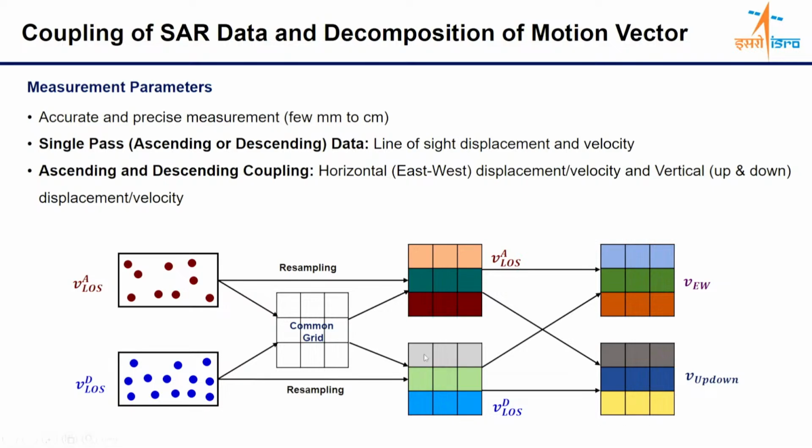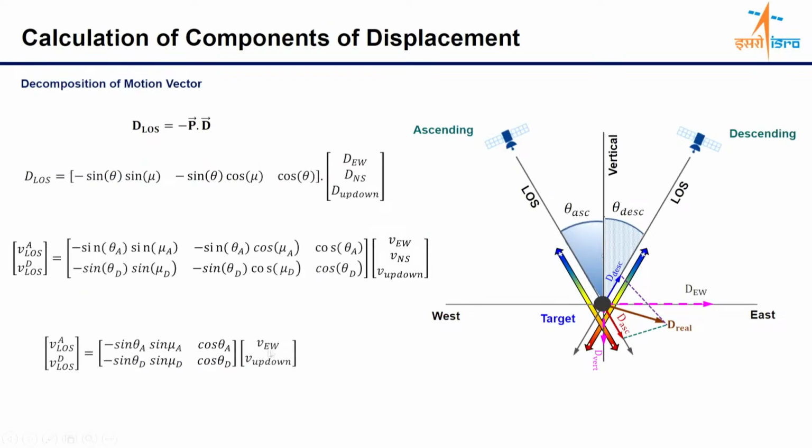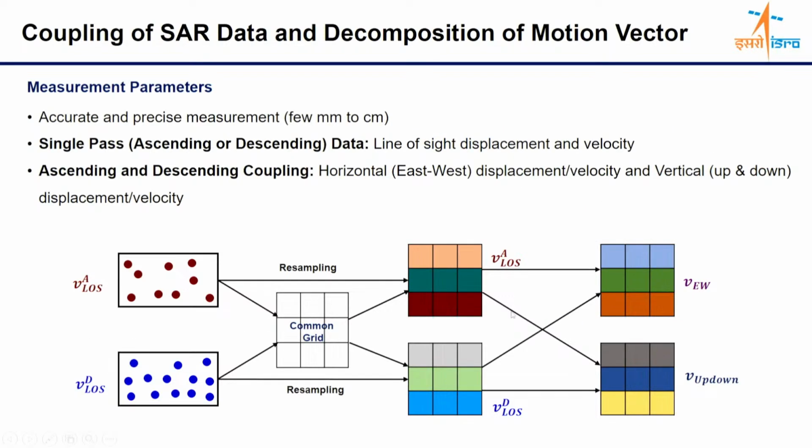It means over the common pixel, this and this are the same pixel, the displacement from both passes is available. So you are able to apply these equations, and then you can calculate the east-west component and the up-down component, by combining ascending as well as descending, applying the previous equations. That way you can calculate the horizontal and vertical components.